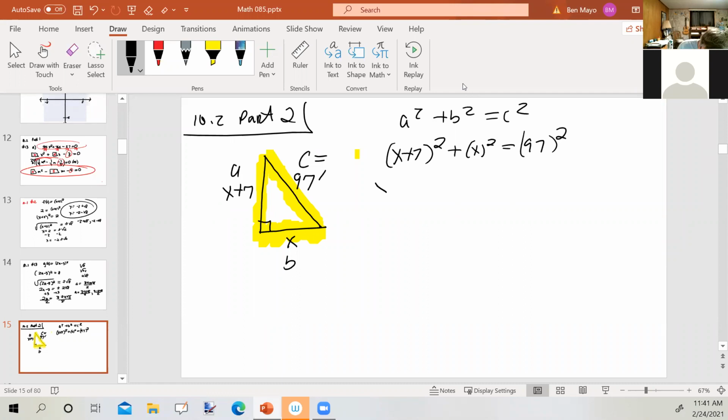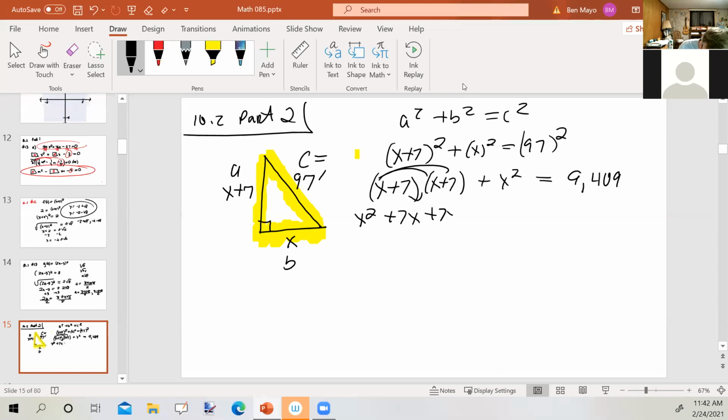All right, so then I've got x plus 7 times x plus 7 plus x squared equals 97 squared, which is 9,409. Foiling, I get x squared plus 7x plus 7x plus 49 plus x squared is 9,409.